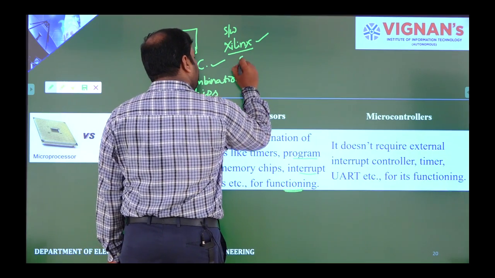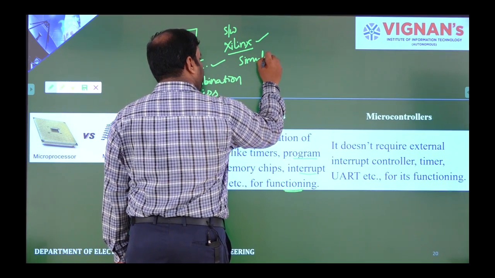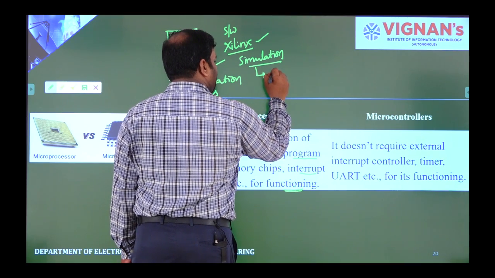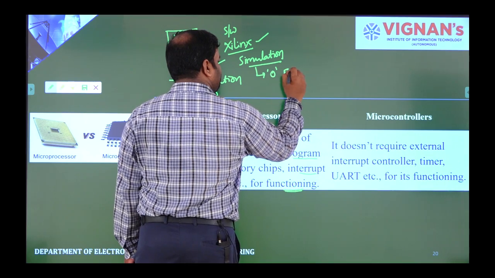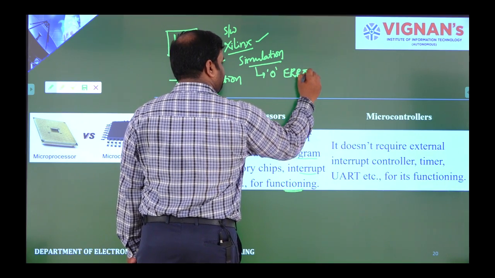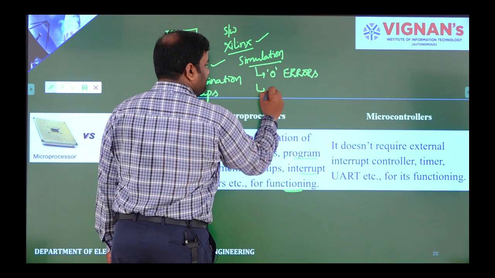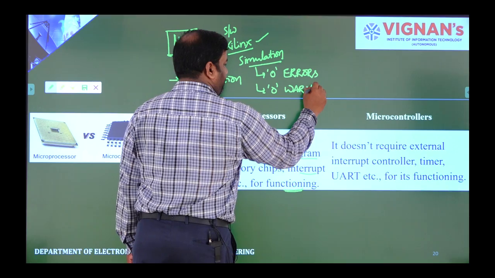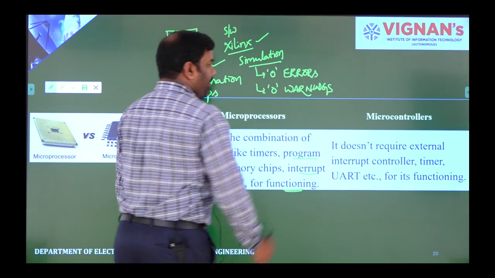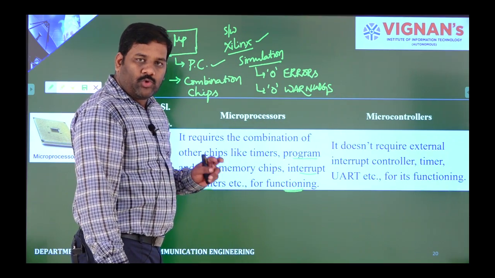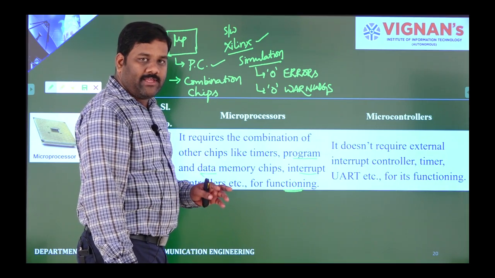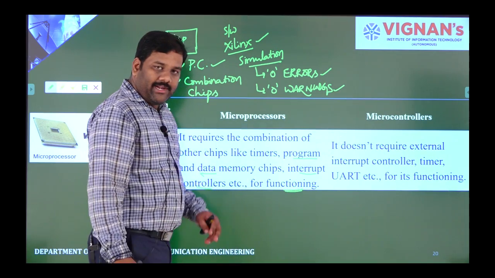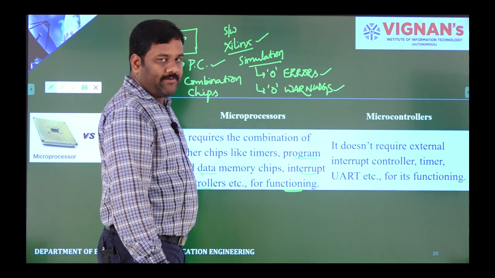Once the simulation is completed, after simulation I have 0 errors and 0 warnings. That means the particular program does not contain any errors or warnings. So now this program is ready to execute in the hardware domain.